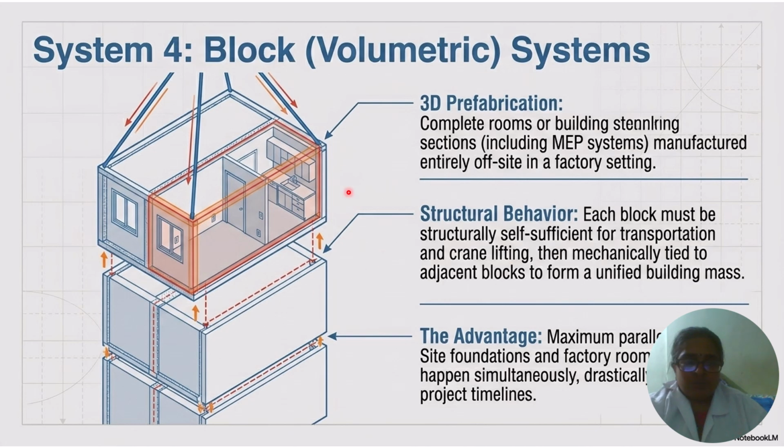The advantage of the block and volumetric system is that maximum parallel works can be carried out, and site foundation and factory room preparation happen simultaneously, drastically reducing the project timelines.